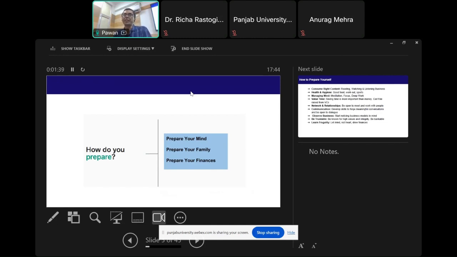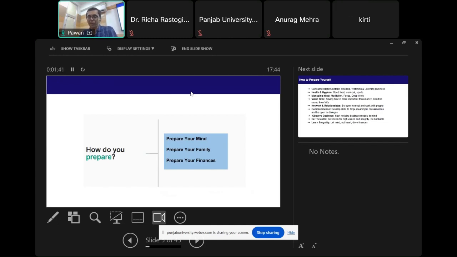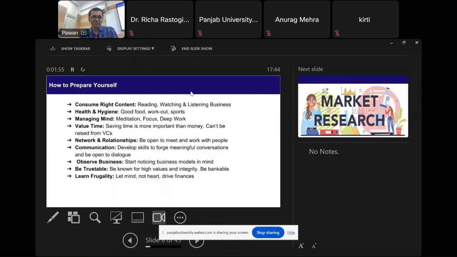And third, of course, it needs money. So you need to plan your career, your finances. If it needs funding, where would it come from? How would you sustain yourself for the period of years which you would spend? So these are three kinds of preparation which I believe are important when you start off the journey.